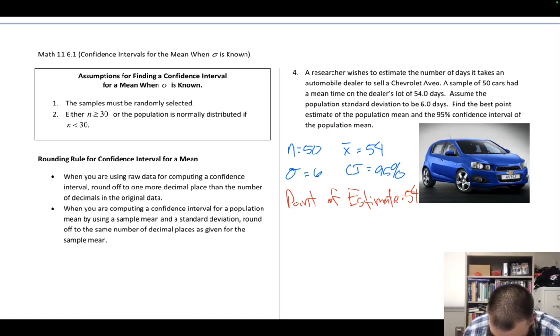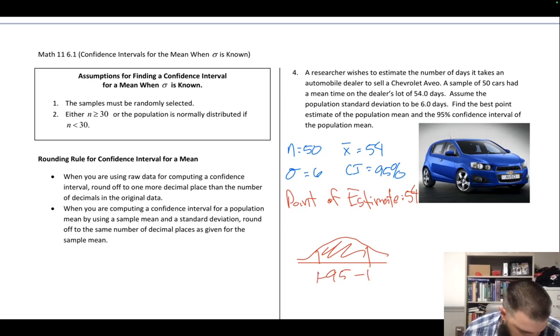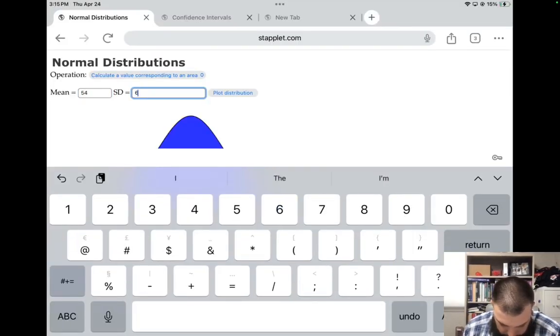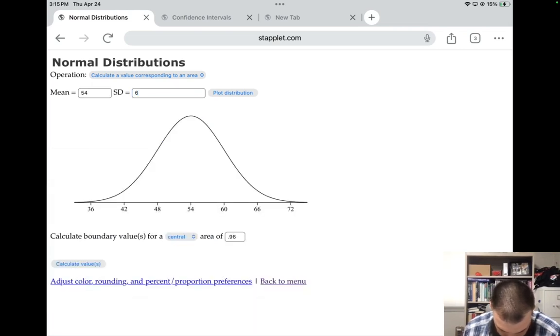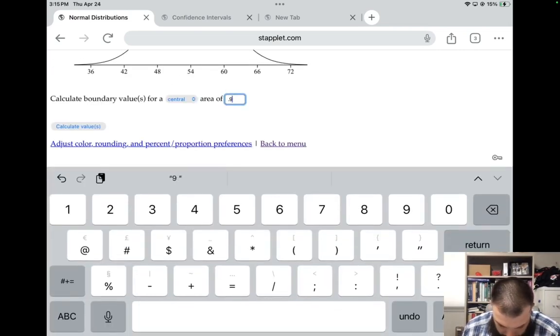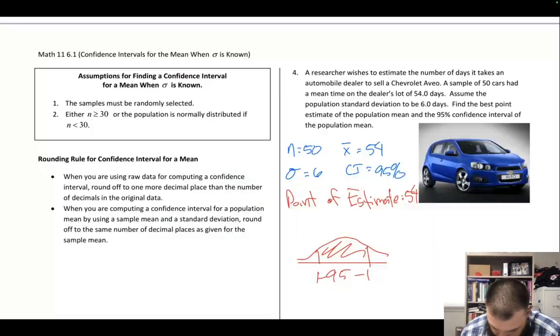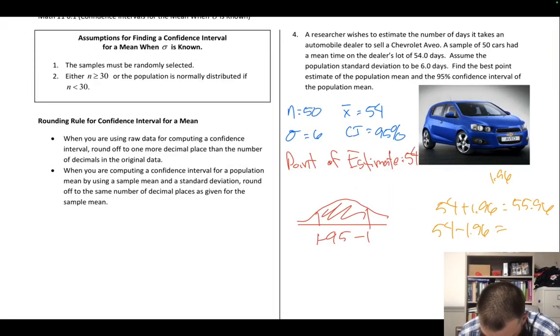Then a little sketch here. We want 95% in between there. So the mean was 54, the standard deviation is 6, and we want 95%, and that gives us 1.96.